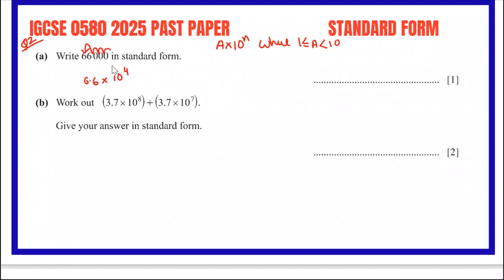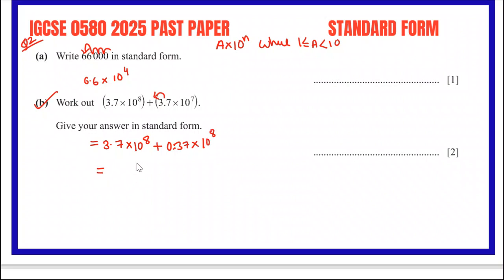Let us see our next question, number B. 3.7 times 10 power of 8 plus 3.7 times 10 power of 7. In this question, 3.7 times 10 power of 8 stays the same. For 3.7 times 10 power of 7, if we shift the decimal here, we can write 0.37 times 10 power of 8.